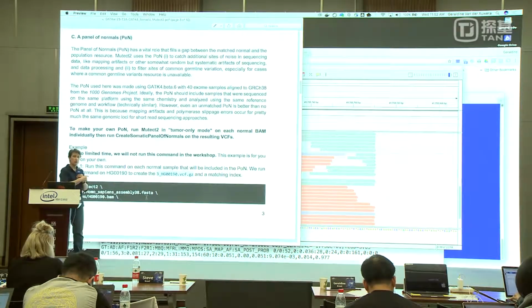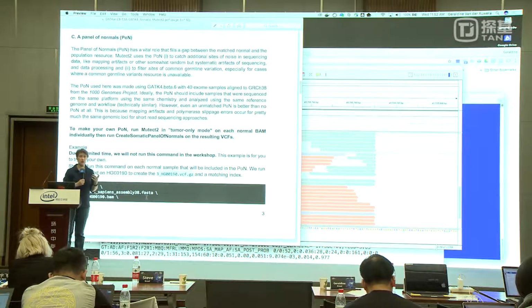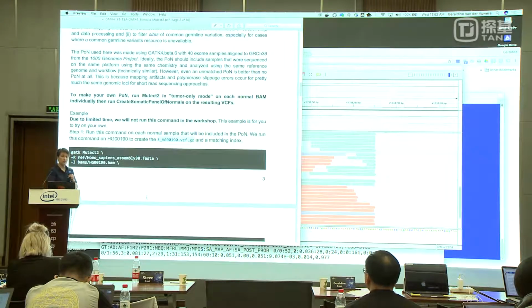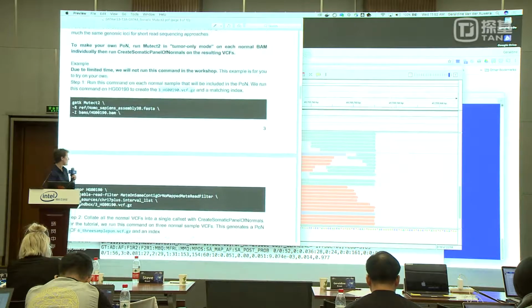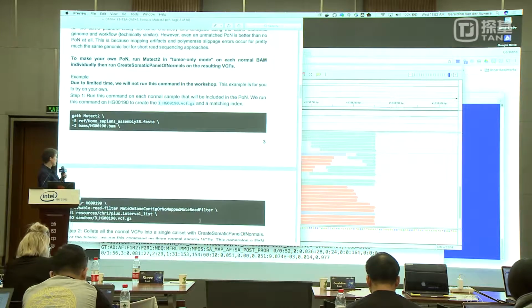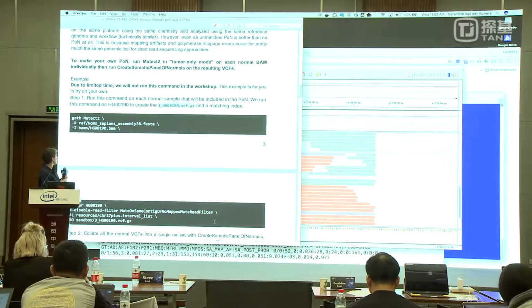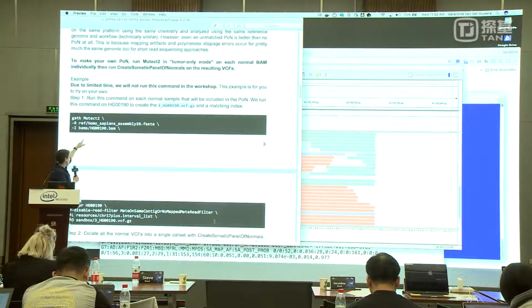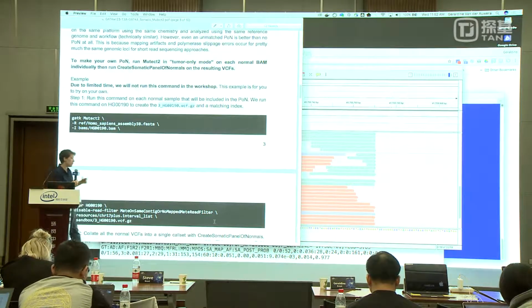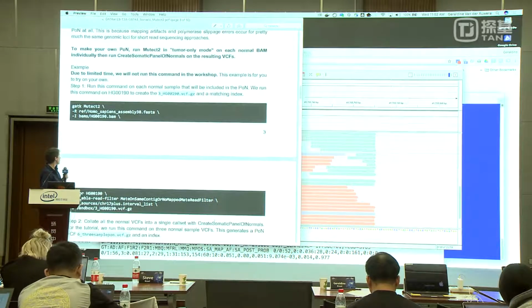We have a few examples of the command lines in the worksheet of how you actually run this. We're not going to run them here because we didn't give you the data to do it. I'm trying to save a little bit of time. But basically, it's a little unfortunate that the command is split here. You're really just doing the same thing as I was explaining for the tumor-only mode, except you're running that tumor-only mode on each of your normals in your panel of normals.